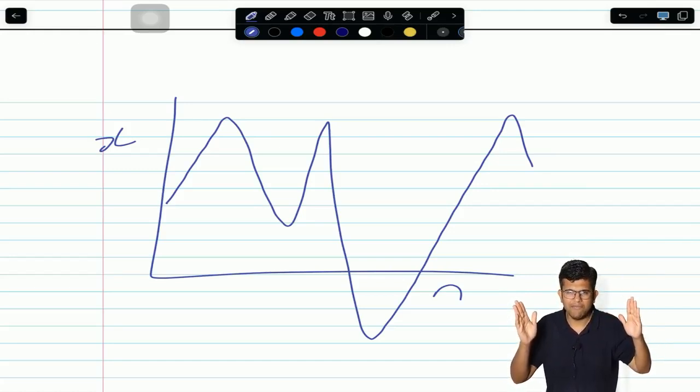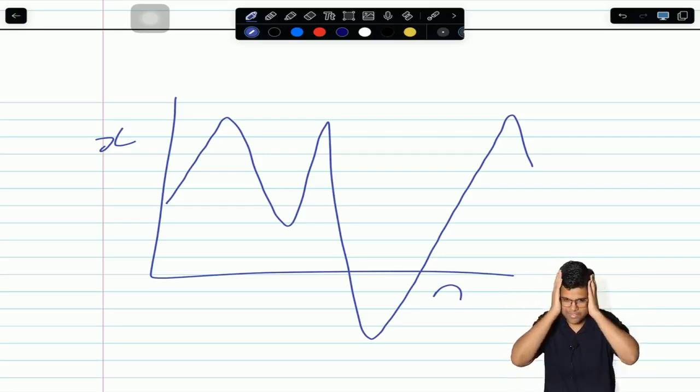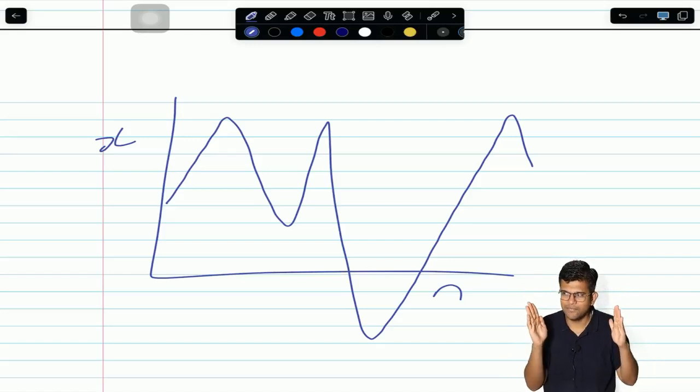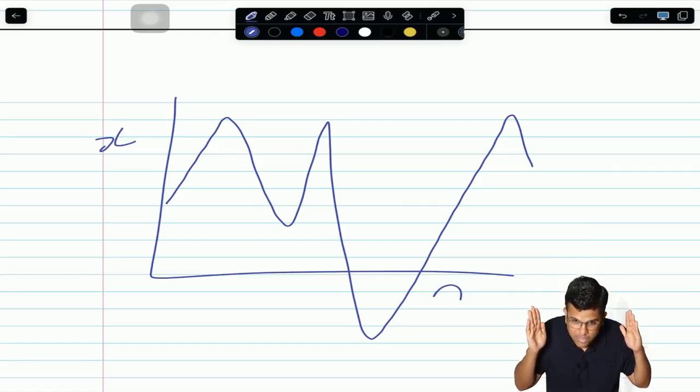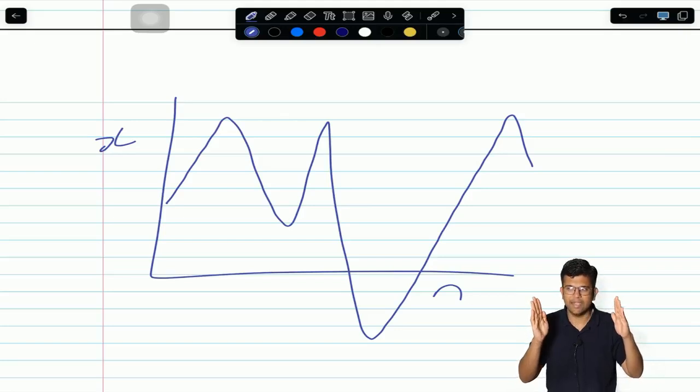What is the average of 10 and 20? 15. I hope everyone is following. My third hand is my head now. You understand 15. It lies exactly in center. The average cuts the observation exactly in center.